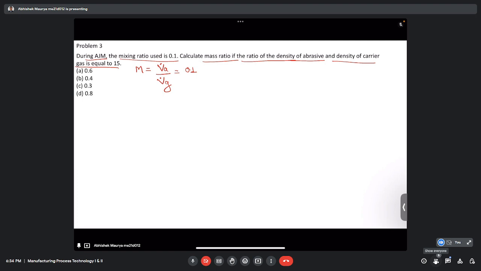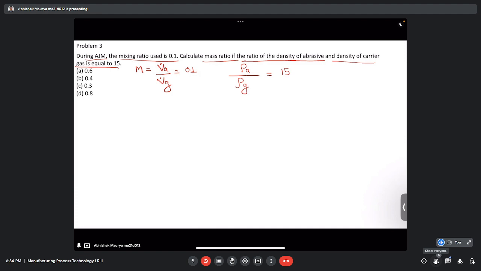The ratio of density of abrasive and density of carrier gas. Let's denote the density of abrasive by rho A and the density of carrier gas by rho G. So this ratio is given as 15.